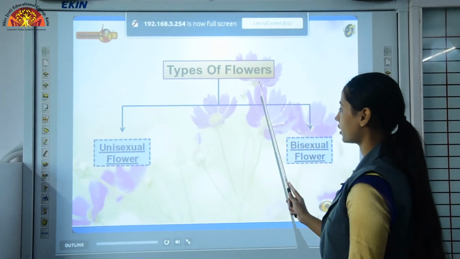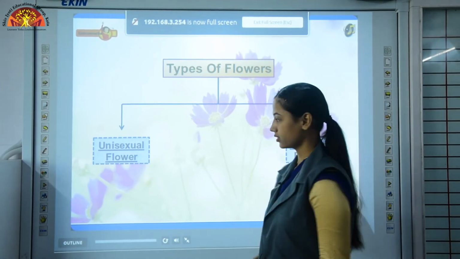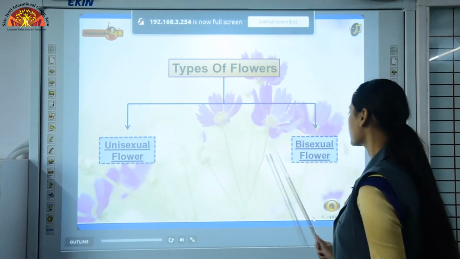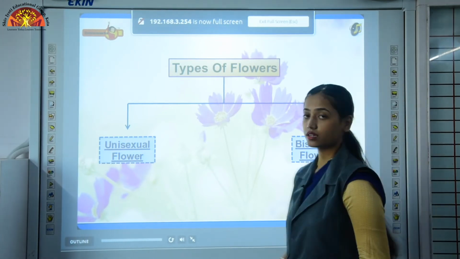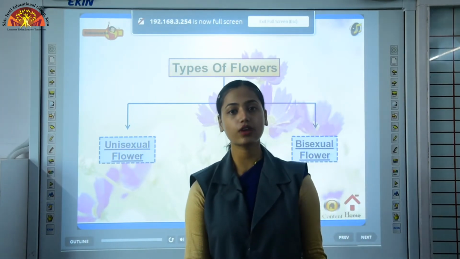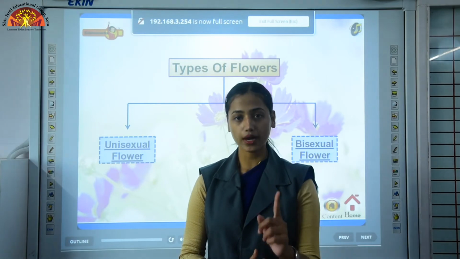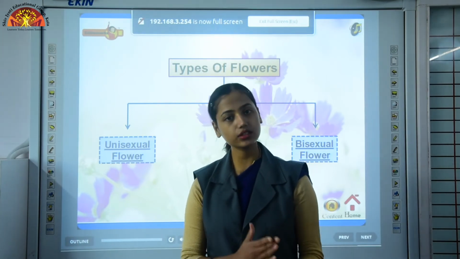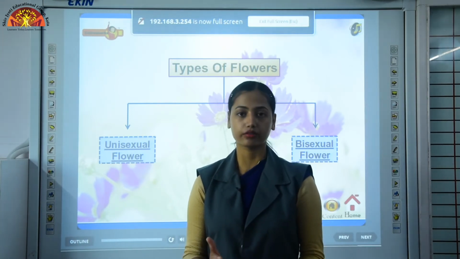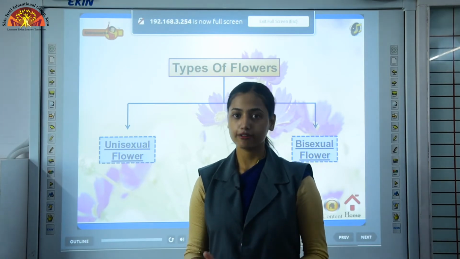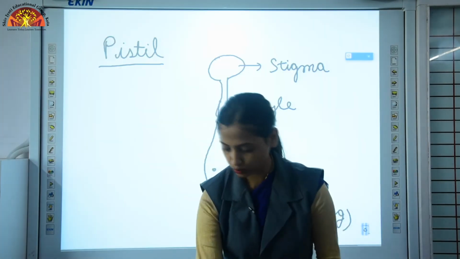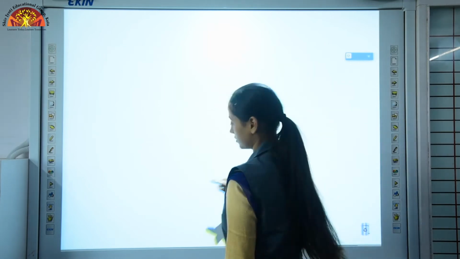Now types of flowers. There are 2 types of flower, unisexual flower and bisexual flower. Unisexual, those flowers in which only one parent is present, either father or mother, or we can say either male parts or female part. That flower is known as unisexual.